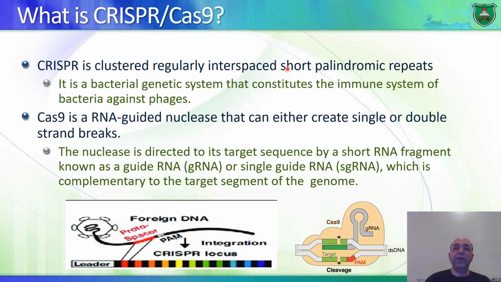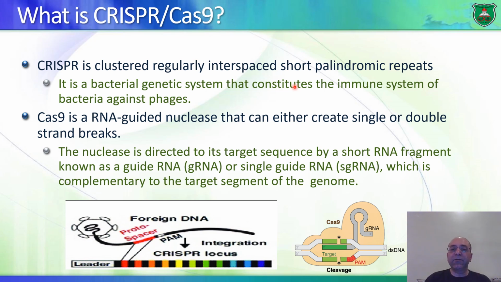Okay, then these sequences, these repeats, are short and they are interspaced, so there are spaces between them, and these repeats are regularly interspaced. That is, there are specific distances between one repeat and the other.